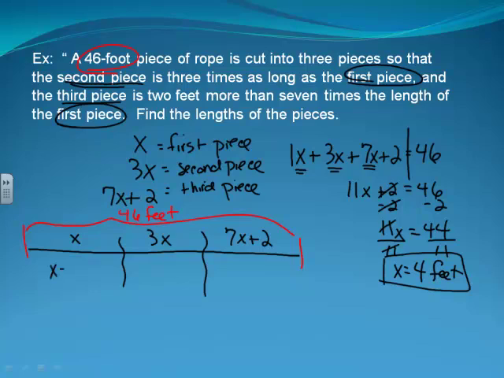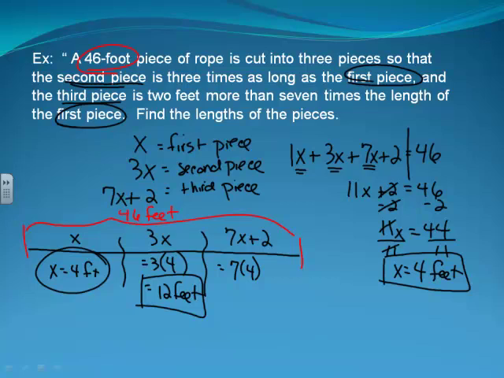The first piece is 4 feet, because that's what x was. Your second piece is 3 times that, or 12 feet. And your third piece is 7 times 4 plus 2, or 28 plus 2, which is 30 feet.